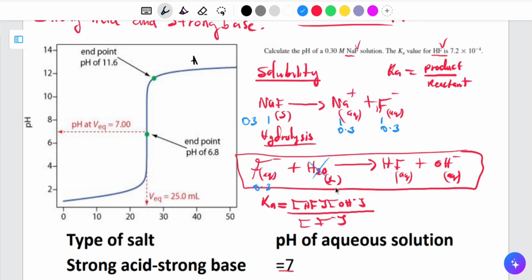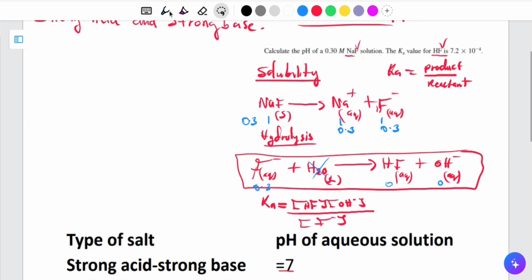Then here at the start of the reaction, this one is going to be 0 and this one is going to be 0. So what next? We need to write the ICE table. Remember, I for initial, C for change, and E for equilibrium.